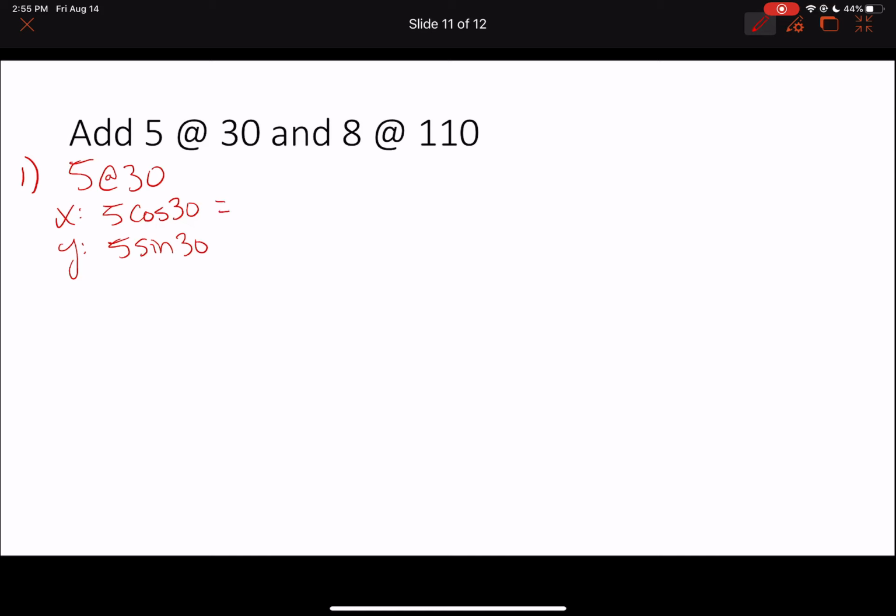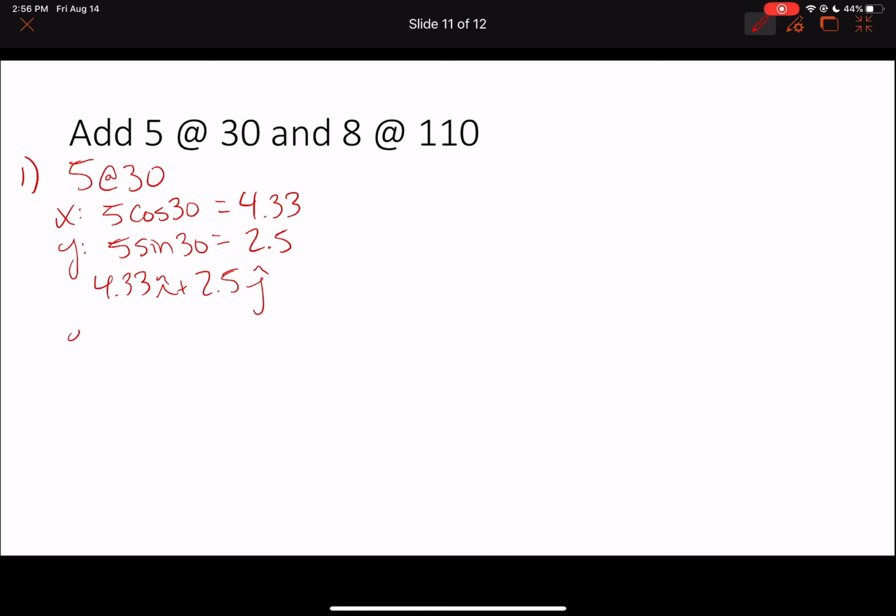Let me use my calculator. 5 cosine 30 gives me 4.33, and 5 sine 30 is going to be 2.5. And so we can write our new vector as 4.33i hat plus 2.5j hat.